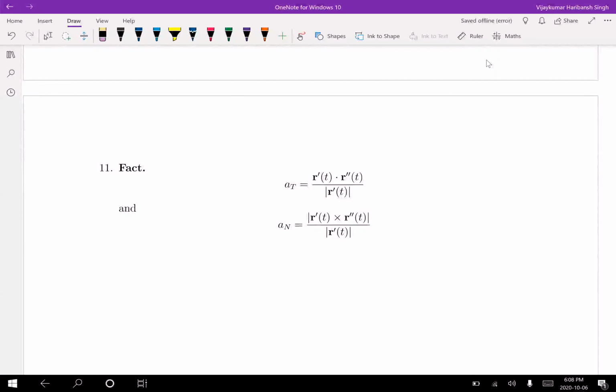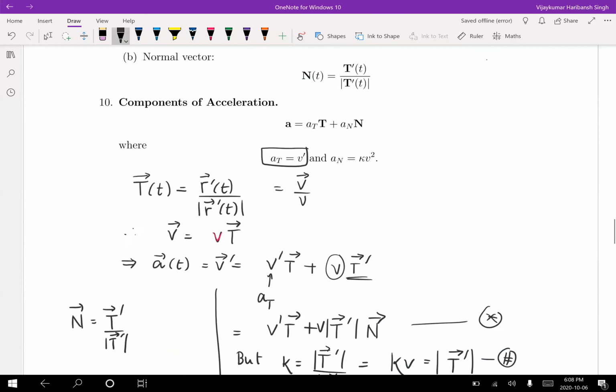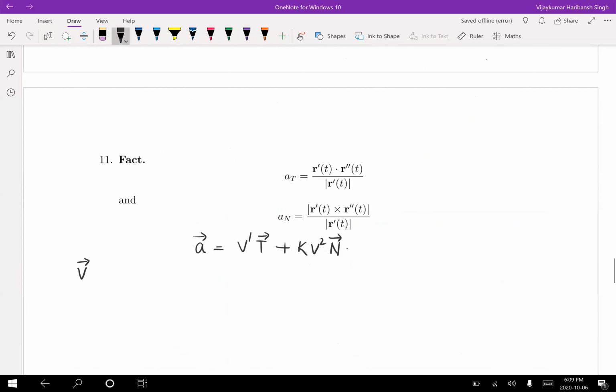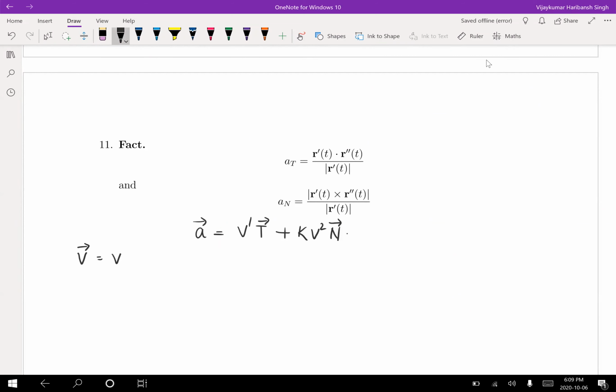In the previous one, we saw that acceleration has the two components: v prime T plus k v square N. Now also note that vector v, as we have seen here, is speed times the tangent vector.